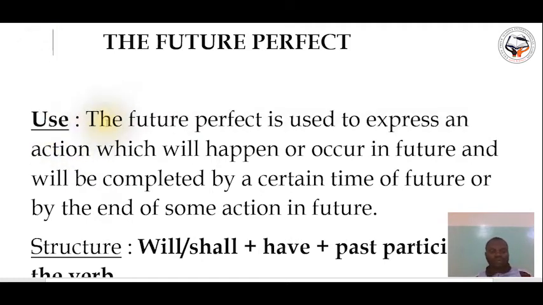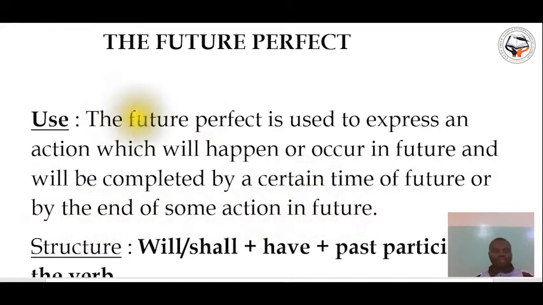When can we use the future perfect or future perfect simple? The future perfect is used to express an action which will happen or occur in future and will be completed by a certain time of future or by the end of some action in future.